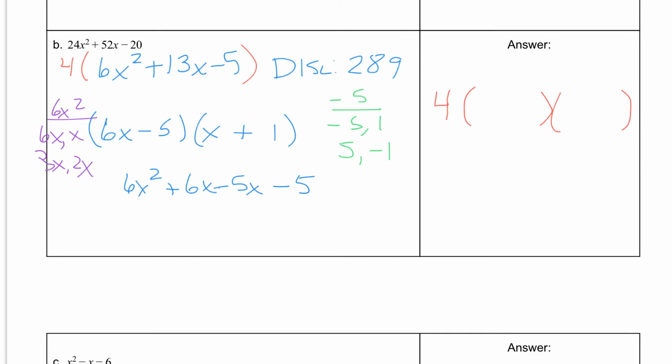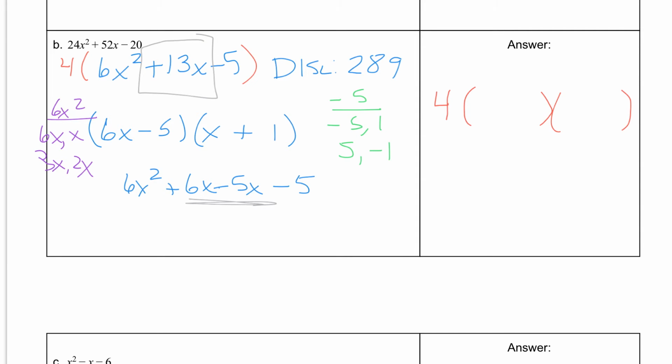And really the one that we have to check every time is we're looking for this middle. Does that 6x minus 5x give us the 13x that we want? Again, this part right here is the hard part to get. And positive 6 minus 5 is not 13x. So that means the combinations that we've chosen do not work.